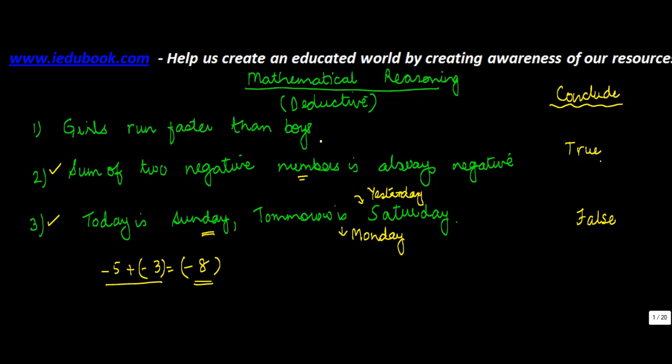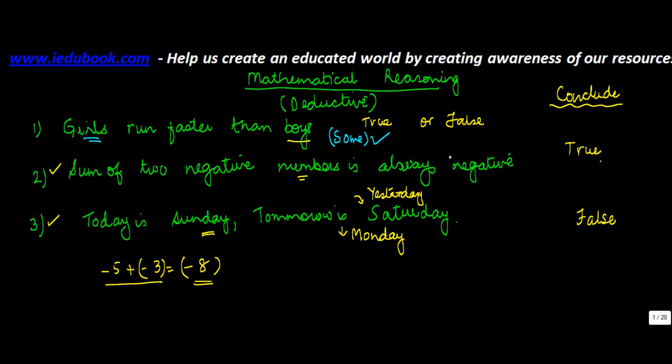Let's see the third one. The third statement says, girls run faster than boys. Now, is it true? Or is it false? Now, in logical reasoning, there could be some girls who might be running faster than the boys. So this may be true for some girls.